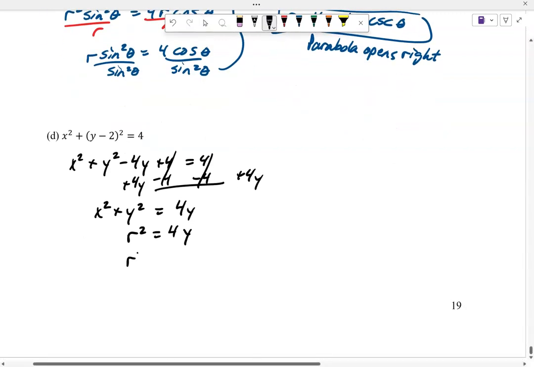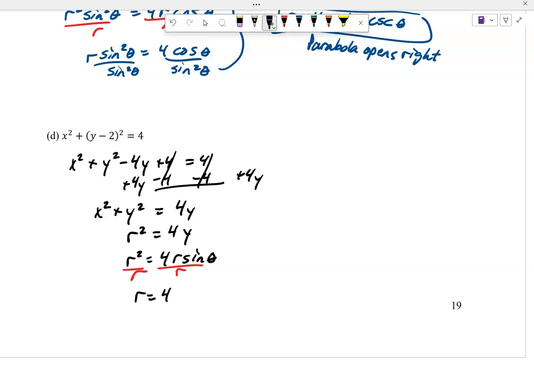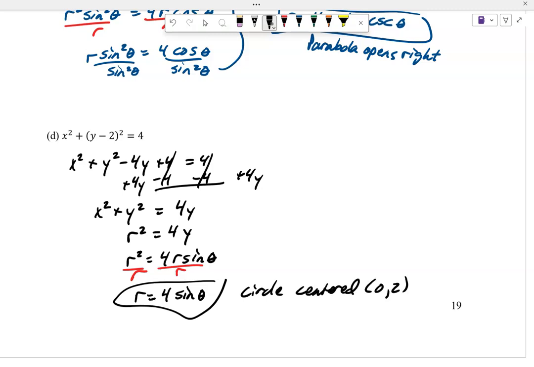Well, my y is r sine theta. Let me get rid of the r. So my r is 4 sine of theta. And we know this originally was a circle centered at 0, 2 with a radius of 2. So that's what r equals 4 sine of theta would be.